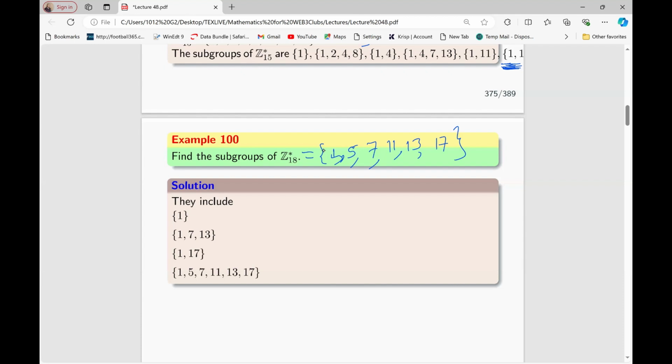Those are the elements relatively prime to 18. I want to see the subgroups generated by each of them.